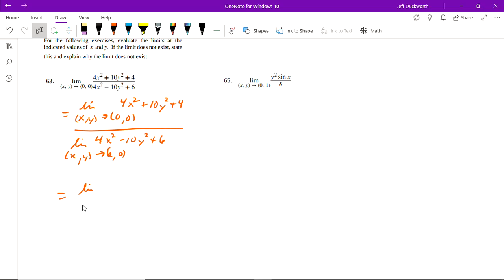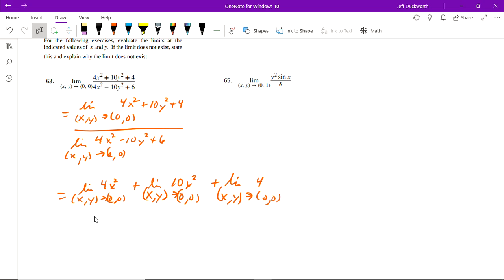And I can, let's see. That would be the first one, and then we've got the limit, that's our numerator, and our denominator also has 3 parts.